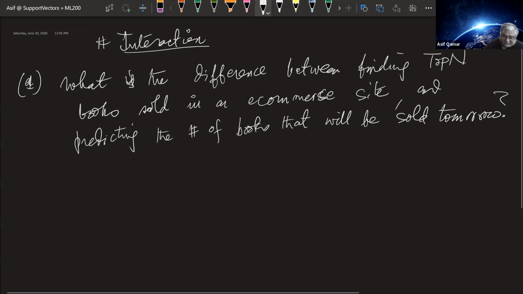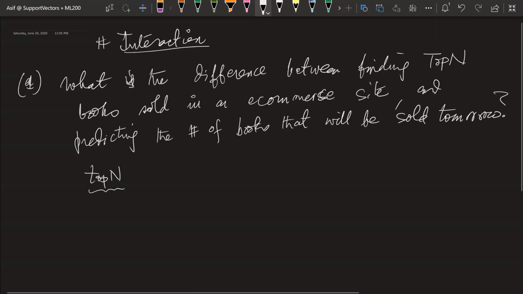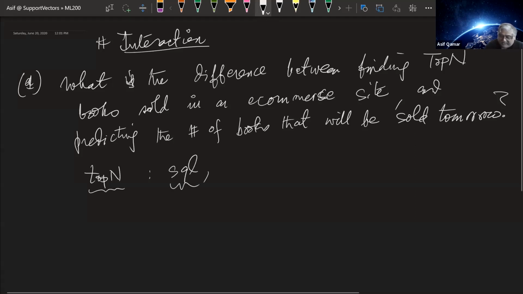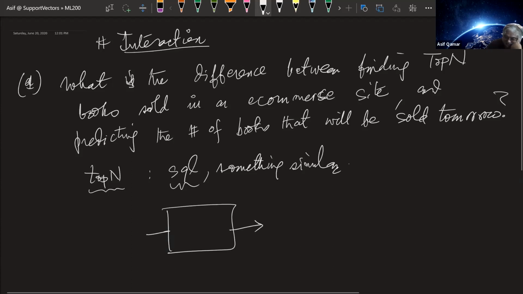So when you say the top N, traditionally, does it require any kind of machine learning? No, it just explores data. EDA. You can, for example, run a SQL query or something similar, and you can find what the top N is. Whereas this one is predicting. You give it something, and you're predicting a real number, and it's a regression problem.